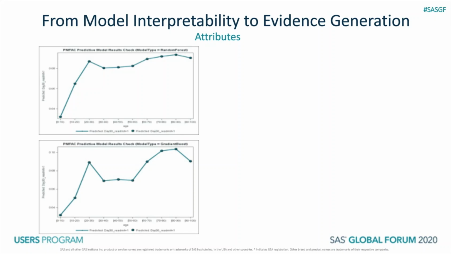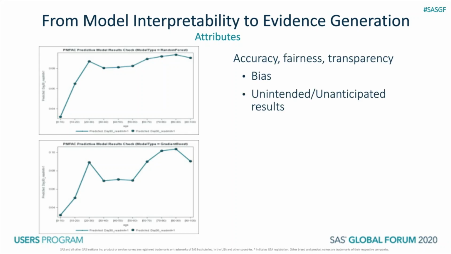The pattern of association represented by these two plots looks similar. But when we look at the effect at different age groups, we see some differences. And that's important because once a champion model is selected, we need to be able to ascertain that the model features that we're going to be using to explain the predictions are free of bias and they cannot give us unintended results.